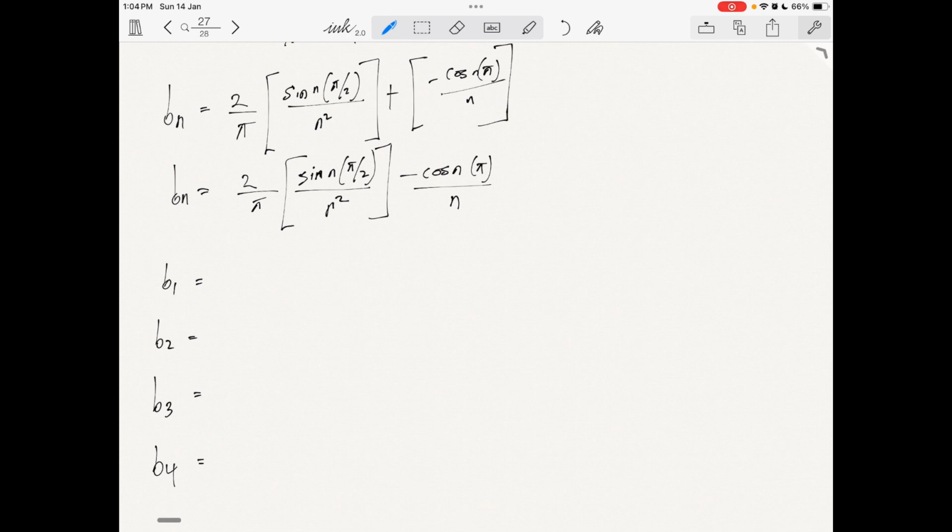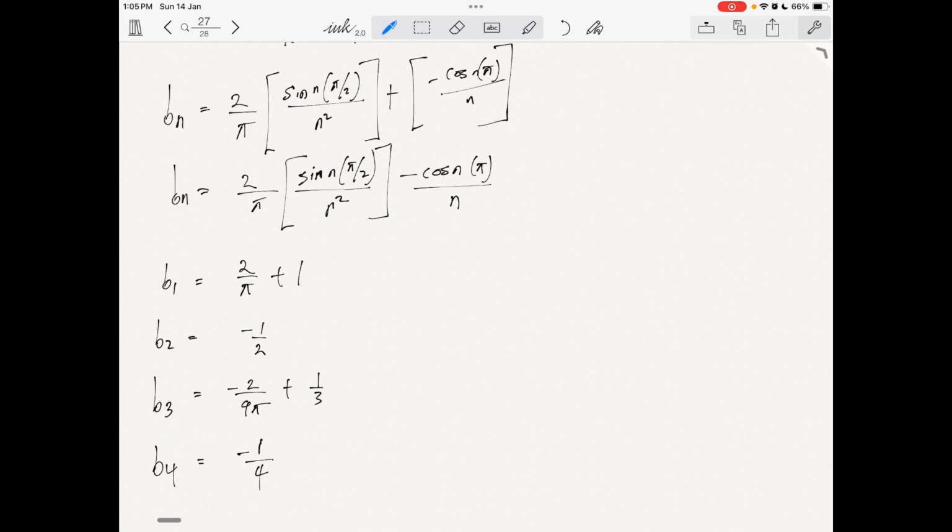So after substituting your values of n, we saw that b1 is 2 over pi plus 1, b2 is minus 1 over 2, b3 is minus 2 over 9 pi plus 1 over 3, and b4 is minus 1 over 4.